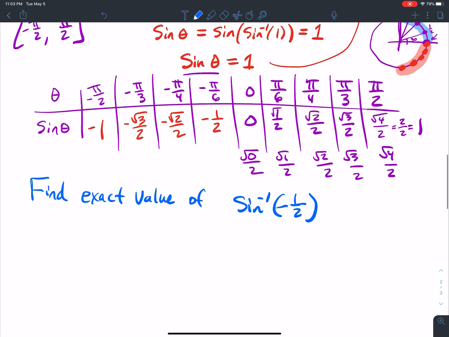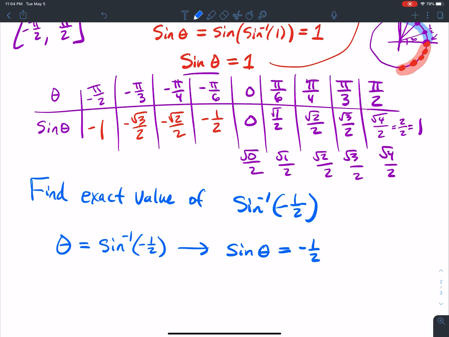Well, what do I know? Theta is equal to the sine inverse of negative 1/2. If I do sine of both sides, I want theta to be the angle between negative pi over 2 and pi over 2 whose sine equals negative 1/2. So that tells me that sine of theta equals negative 1/2.